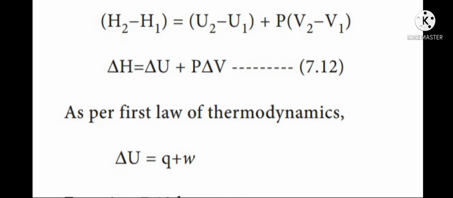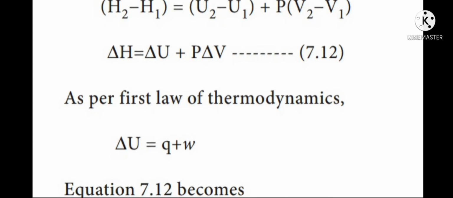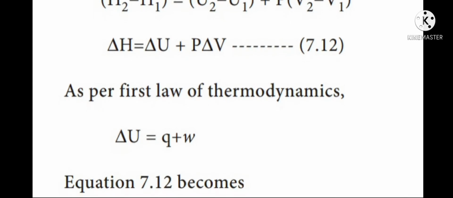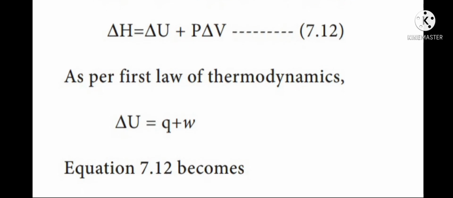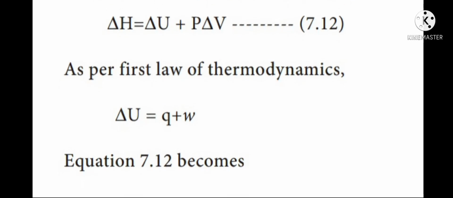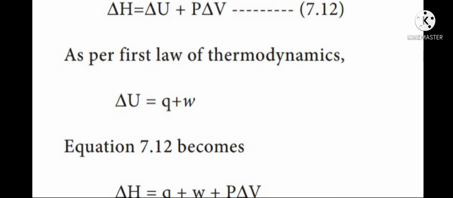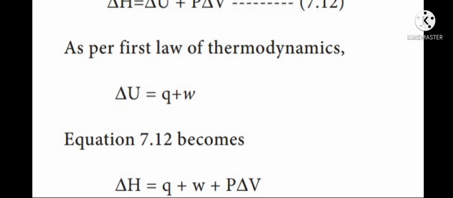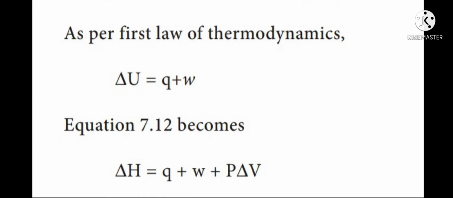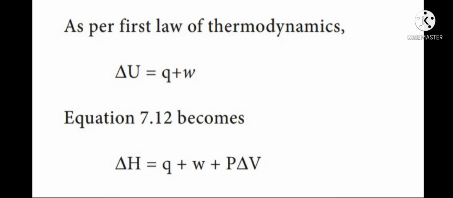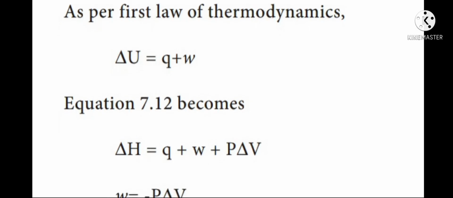Hence, change in enthalpy delta H is given by delta H is equal to delta U plus P delta V. As per the first law of thermodynamics, delta U is equal to Q plus W. Substitute the delta U value in equation 7.12. We will get delta H is equal to Q plus W plus P delta V.